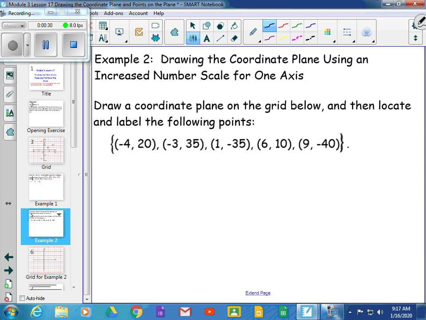I want to first look at all the x coordinates: -4, -3, 1, 6, and 9. Now, if we had a scale of 1 on our x-axis, that tells us we can go between -10 and 10. And all of those x-coordinates are between -10 and 10.